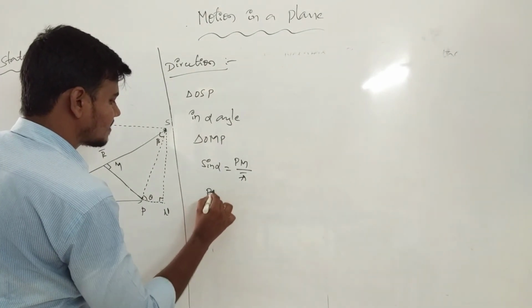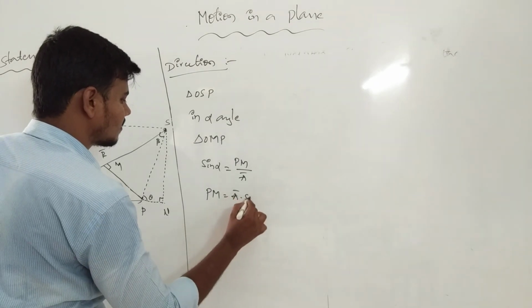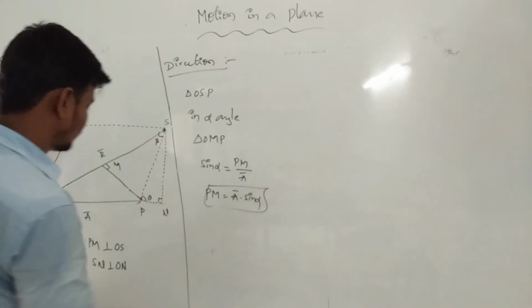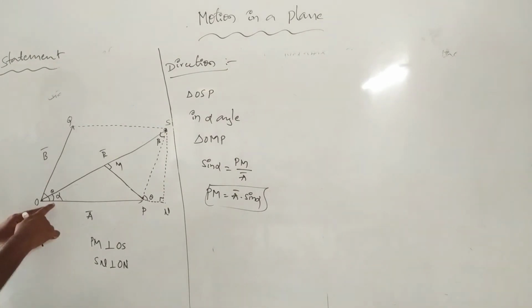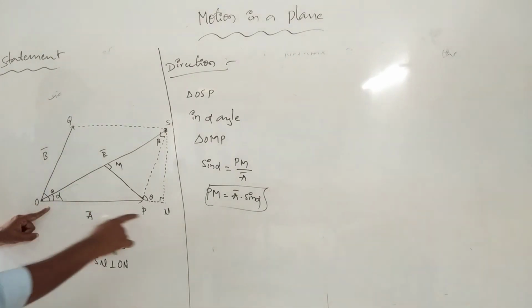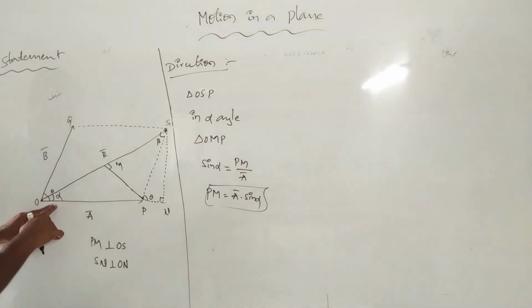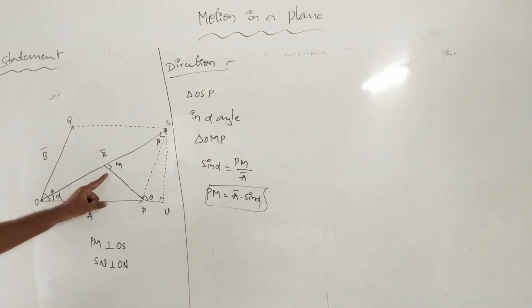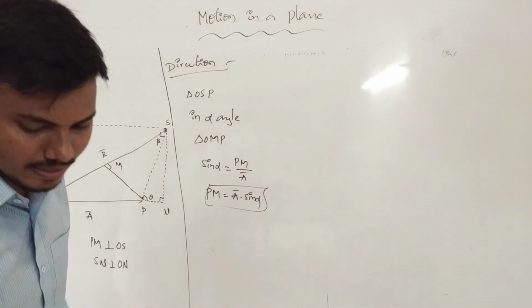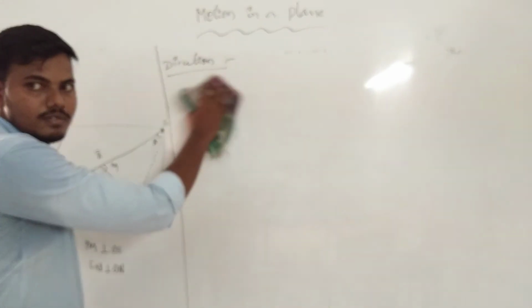So PM is equal to A bar sin alpha. We can introduce this into the first one, angle OPM. Now sin theta means opposite, which we can observe here. OM we can also introduce as R bar. Now OM is equal to R bar, and by this we can introduce the opposition A bar. Clear? The same way we can introduce these types of positions. Now this is the direction one, we can introduce it tomorrow. And then close it.